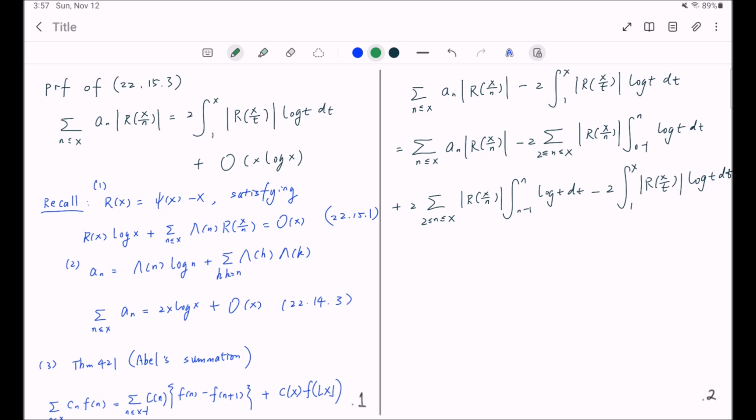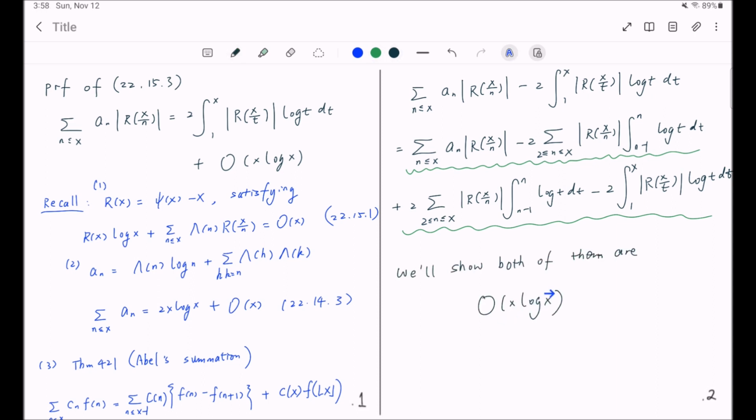And now you see there are two parts. Our next goal is to show that both of these parts are big O of x log of x. This is what we are going to prove next.